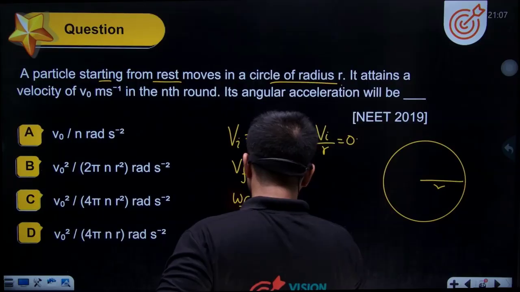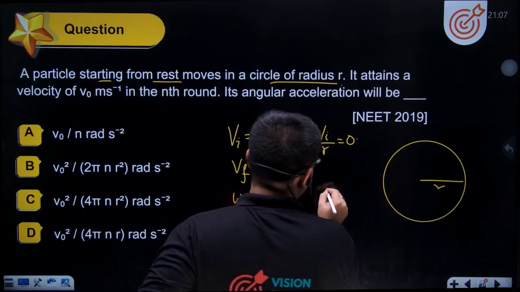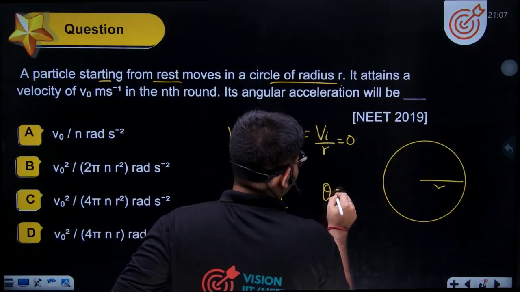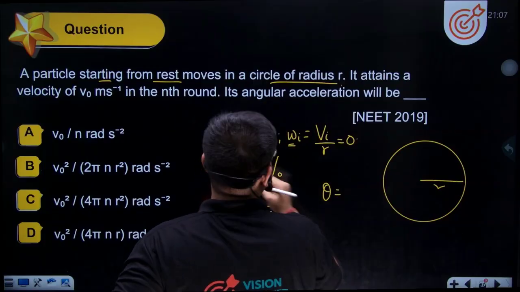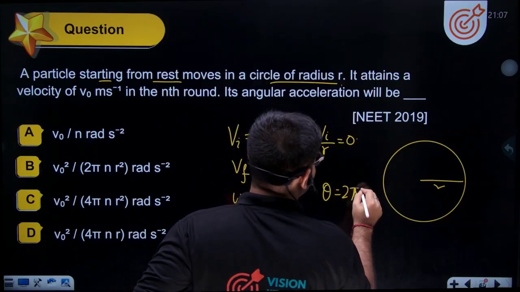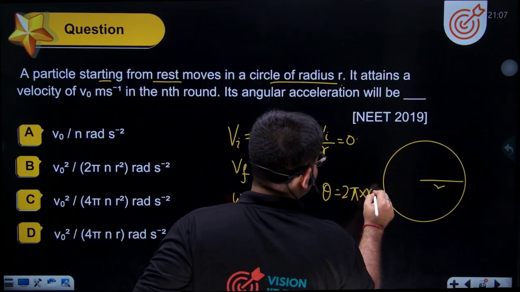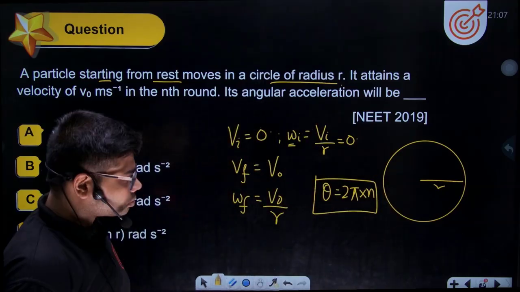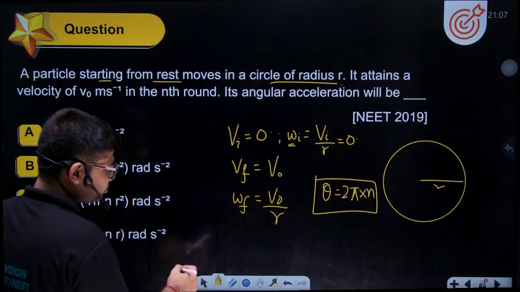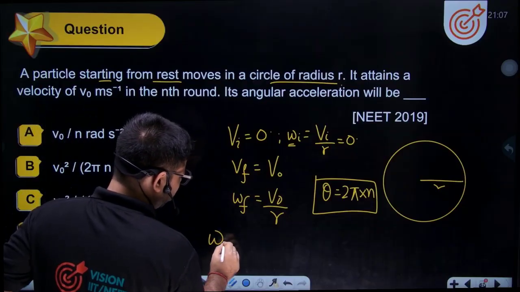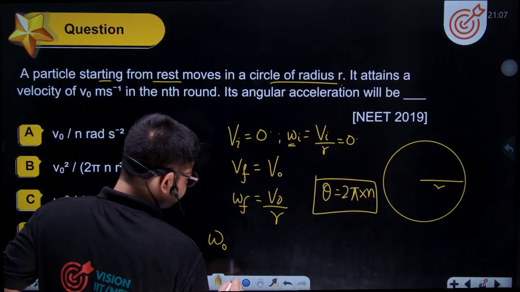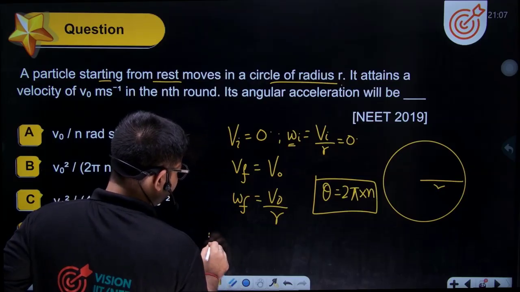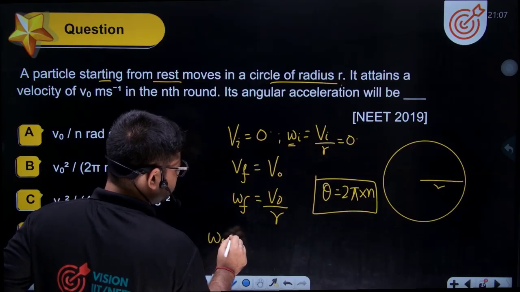So what is the displacement? Displacement, angular displacement theta. What is the angular displacement theta in the nth round? 2 pi into n. Now you apply omega f, v is equal to u plus at.